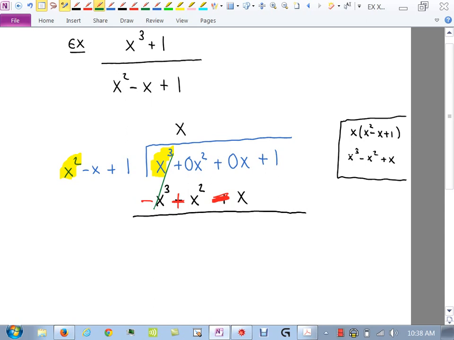0x squared is like there's nothing there, right? So I'm saying plus x squared. So that's just x squared, isn't it? Like a 1x squared. So I just get x squared here. And then the next one, I have nothing.